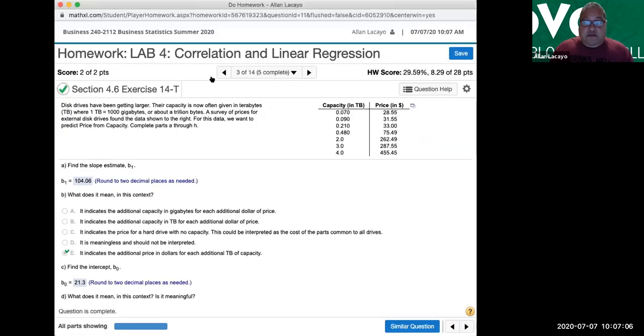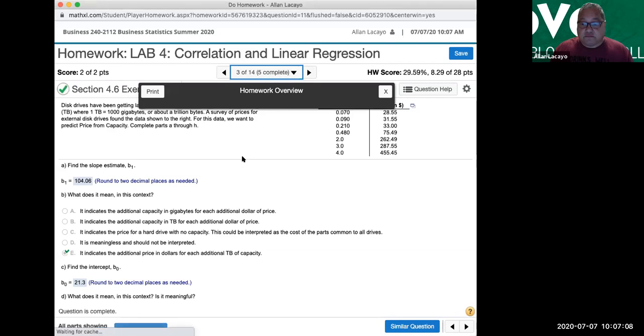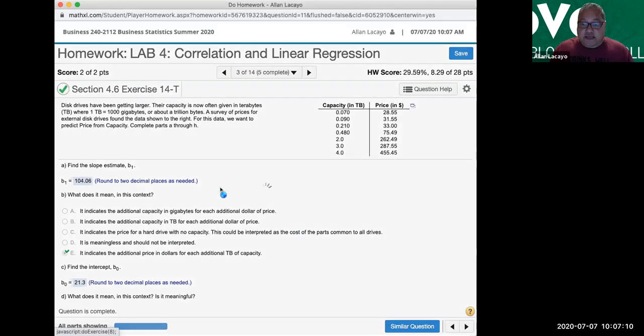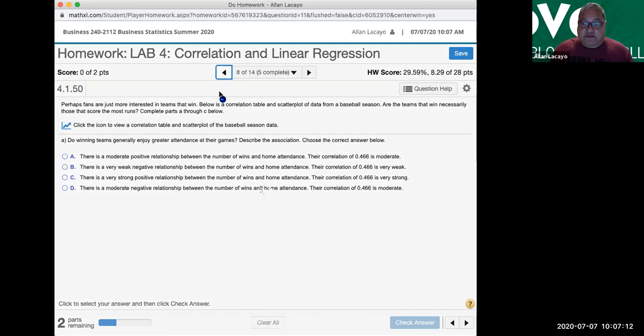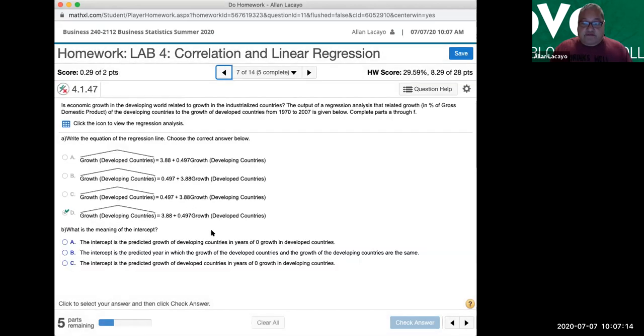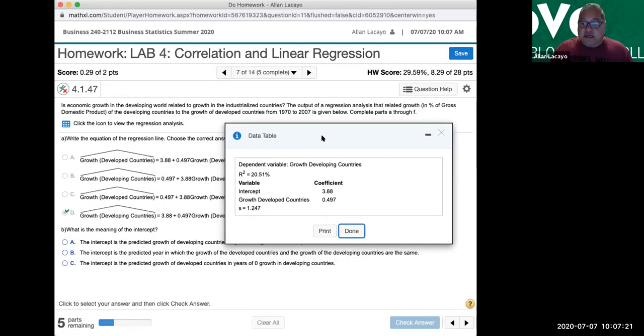Now moving on to another question. I believe it's question 8 or question 7. It's question 7. In question 7, when you click on the icon, you don't get the 2 columns of data for each individual variable. What you get is the R-square, the standard error of the model, the slope of the model, and the intercept of the model.